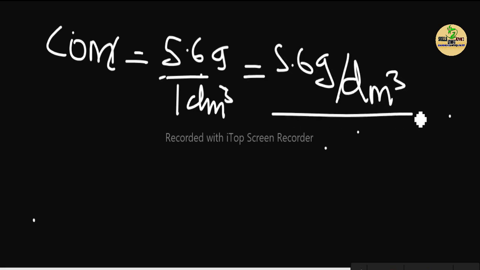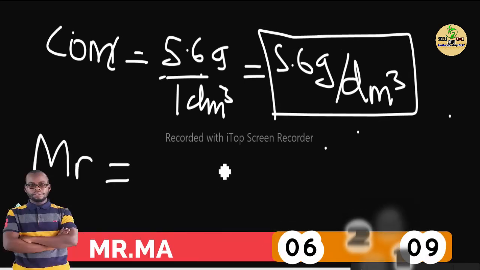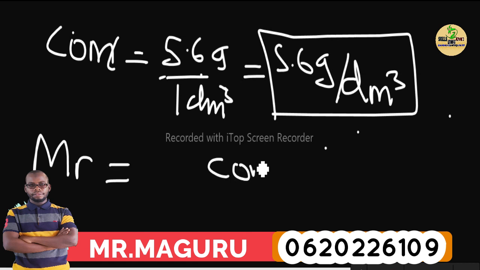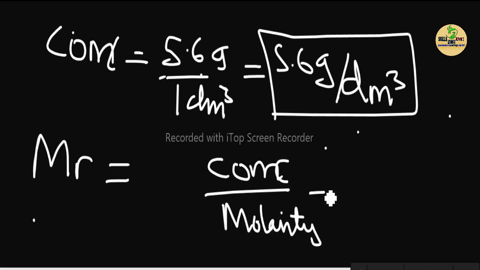That is our concentration. The molar mass is equal to concentration over molarity. Which is equal to 5.6.